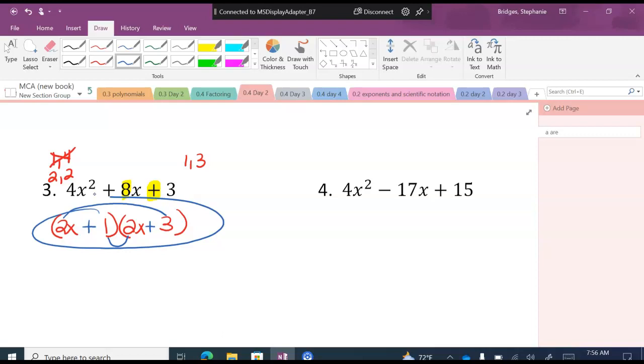I usually just do it right out to the side. One and 4 and 2 and 2. And then the factors of 15 are 1 and 15 and 3 and 5.